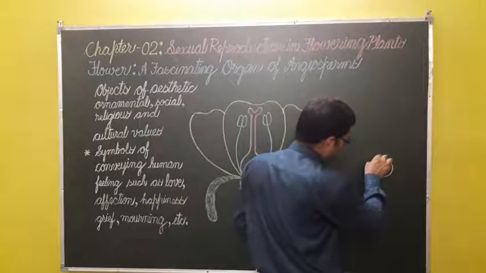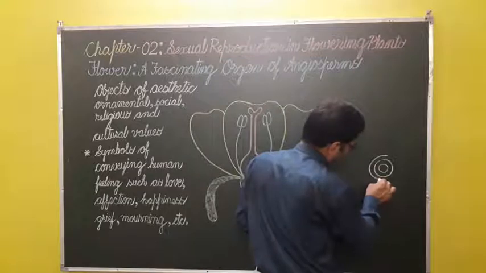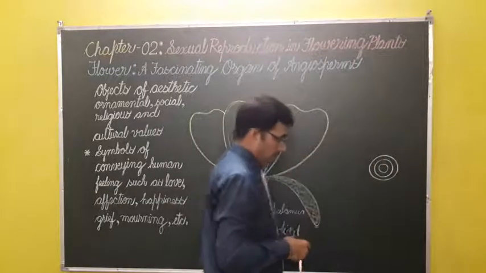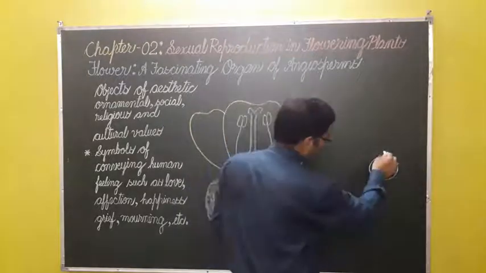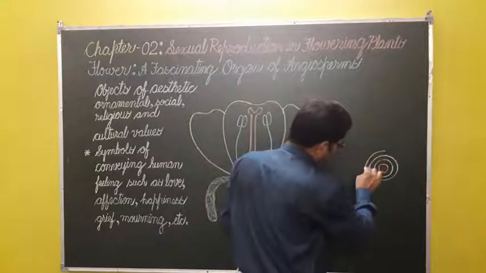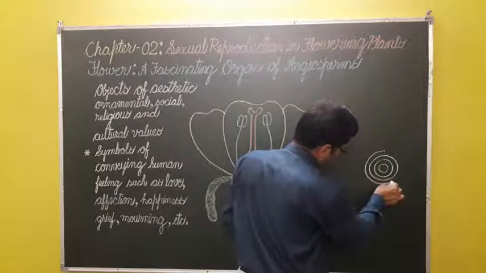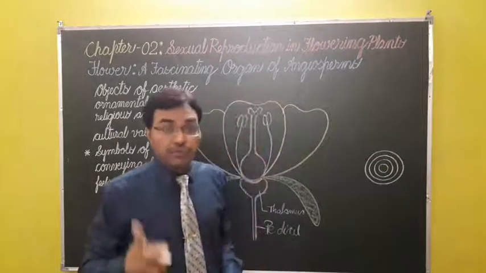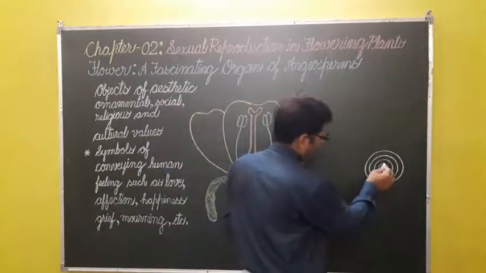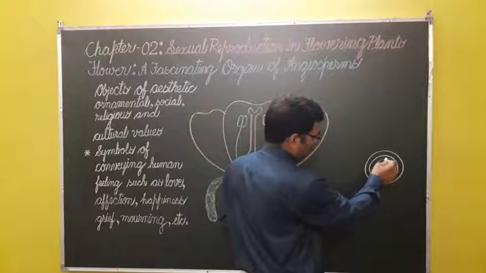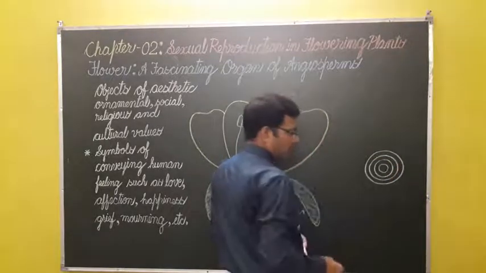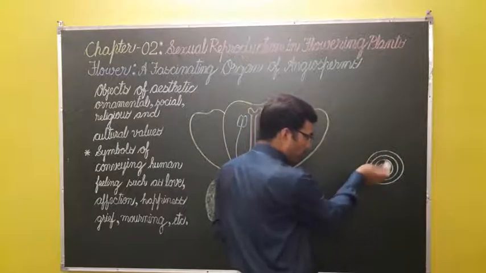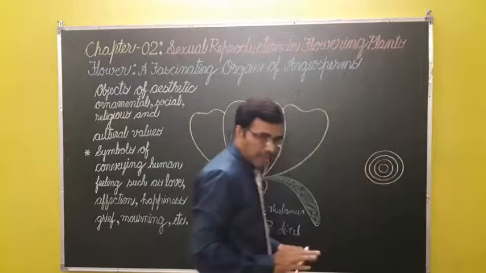Just outer to the androecium, corolla, and this is the outermost whorl. What do you call it? Calyx. So these are the different whorls, 4 whorls. 1, 2, 3 and 4. From inner to outside, 1, 2, 3, 4, and from outer to inside, 1, 2, 3, 4. Right? 4 whorls are there.